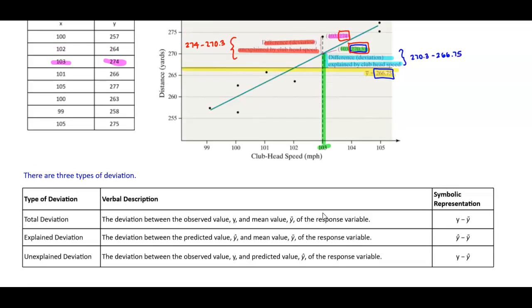Then we have the explained deviation, which is a deviation between the predicted value and the mean value of the response variable. And then we have the unexplained deviation, which is a deviation between the observed value y and the predicted value of the response variable. And there is the symbolic representation of each.